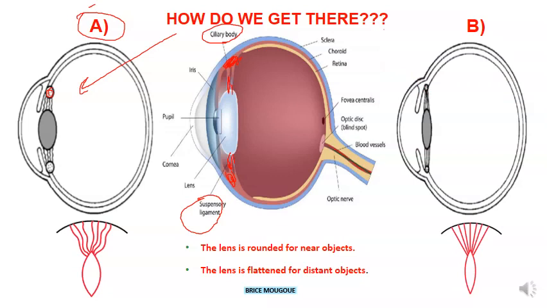You'll see that the ciliary muscles here are more swollen than here. They'll swell up, and when they swell up, what happens? They cause the suspensory ligaments to slacken. You'll see that my suspensory ligaments here in this diagram here are somehow slack like that. Okay, and when the suspensory ligaments slacken, the tension on the lens is released. The lens is set free such that it can be able to bulge out.